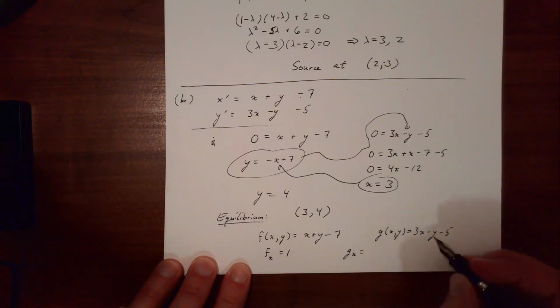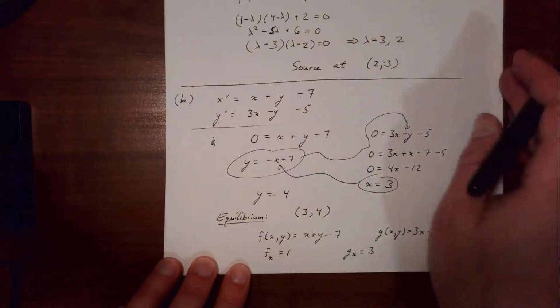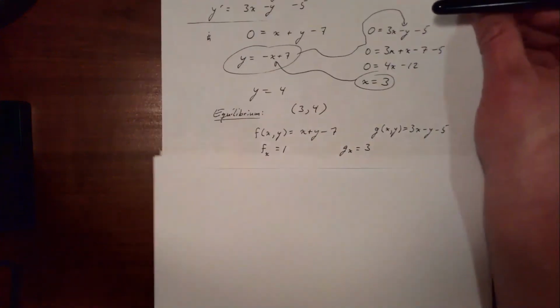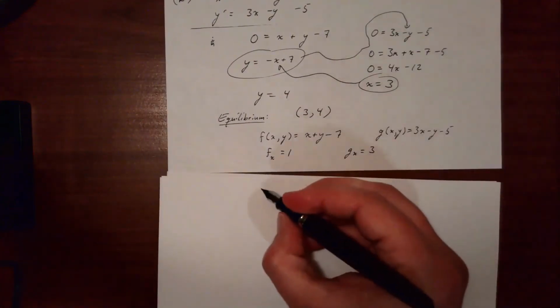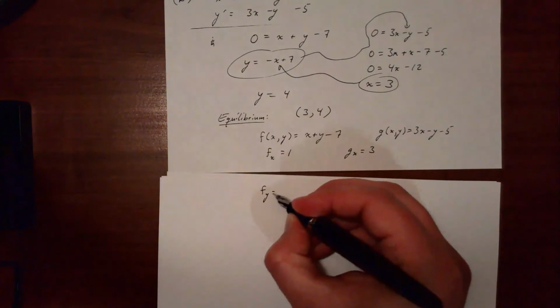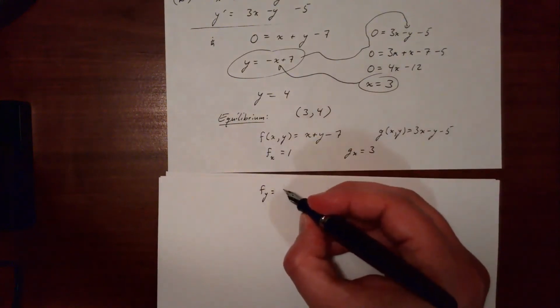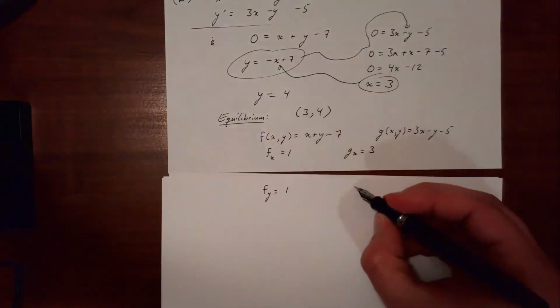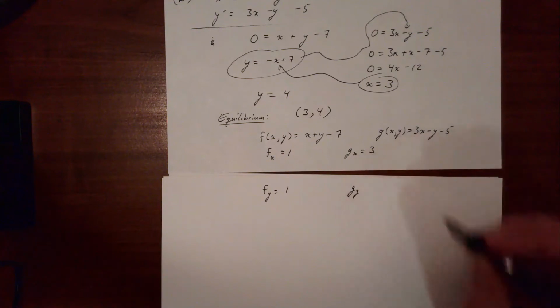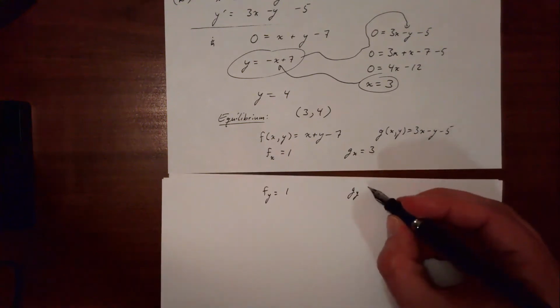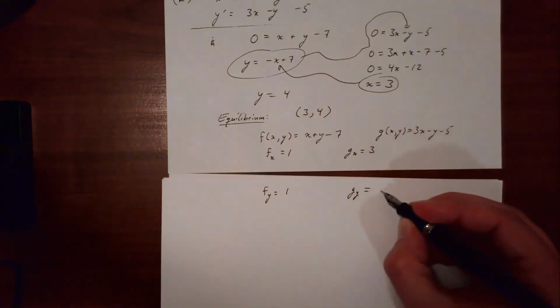G sub x will be 3. F sub y will be 0 plus 1 plus 0. And g sub y will be 0 minus 1 minus 0.